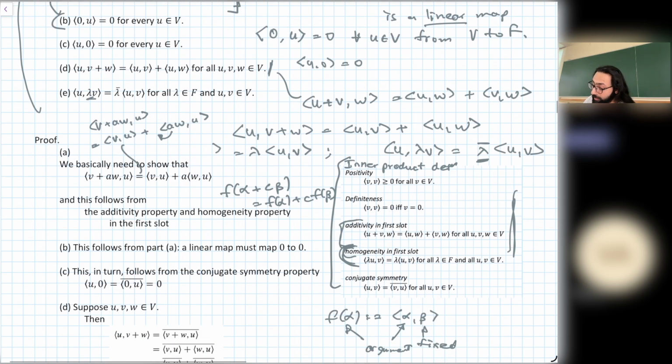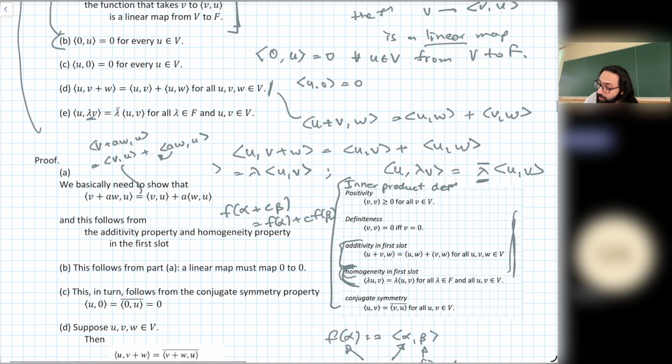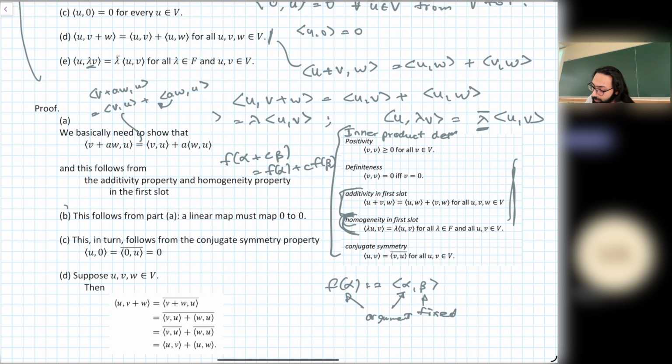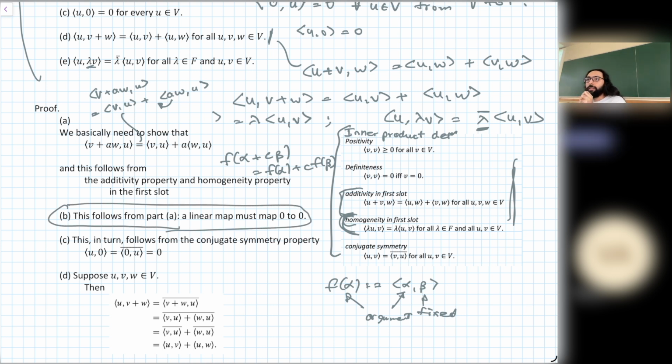All right. What is the B part? The B part is saying that if you take the inner product with a zero vector, you will get zero regardless of which other vector you pick. So let's see how this is done. It just follows from the fact that you have a linear map. A linear map, we remember, would send a zero vector to zero.